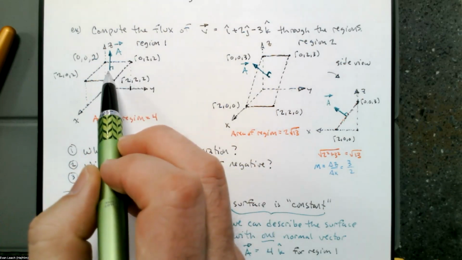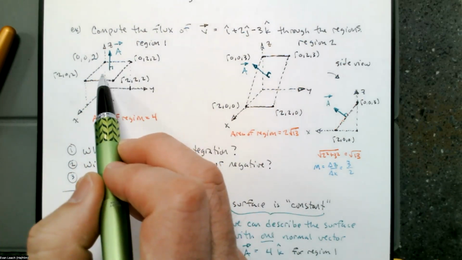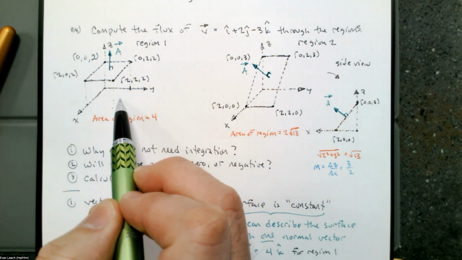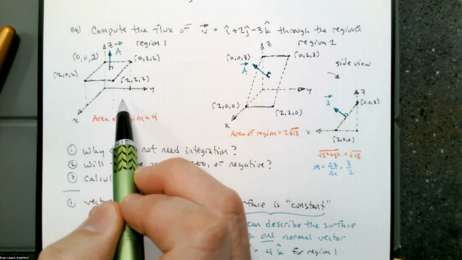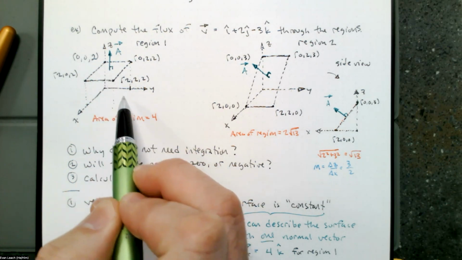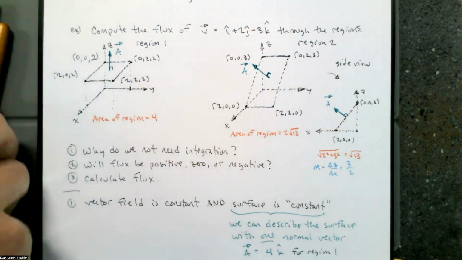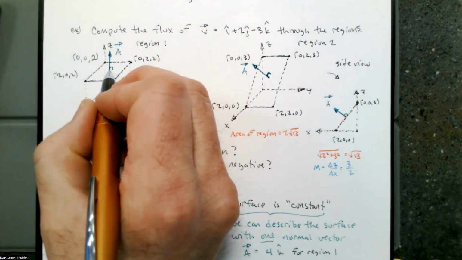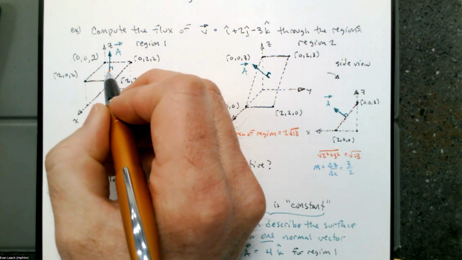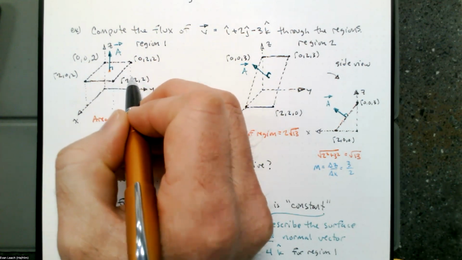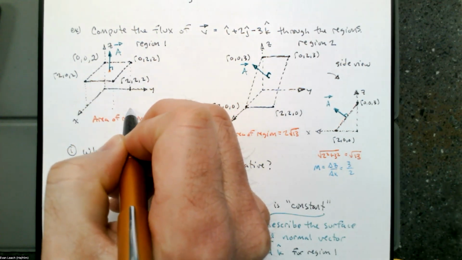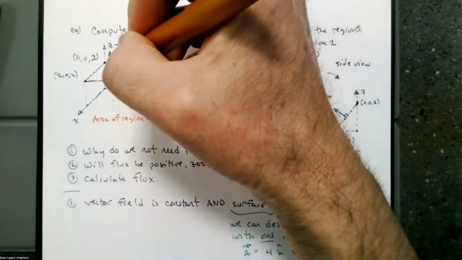So the vector is coming through at 1, 2, -3. It's going backwards against the orientation of the surface. If I go 1, 2, -3, there's the vector v.